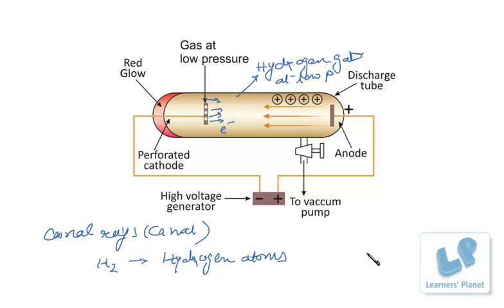Now these hydrogen atoms were collided with by the electrons, or the cathode rays. The cathode ray is made up of a large number of electrons. Now when this collided with the atom, what happened?